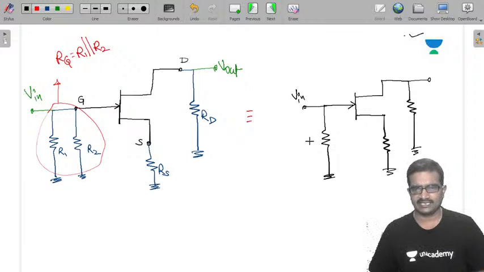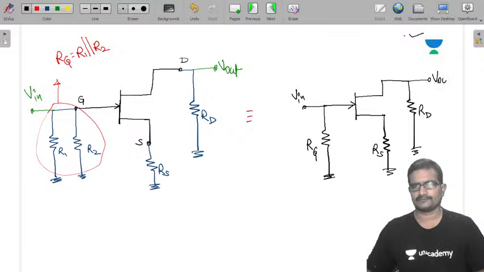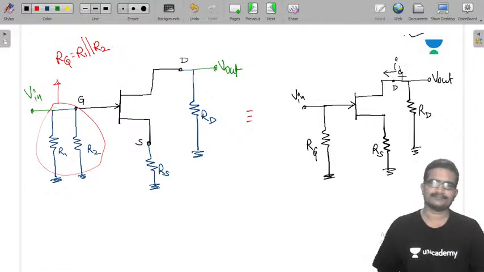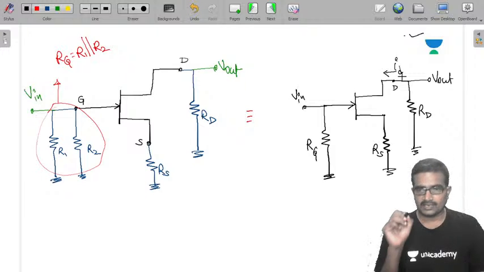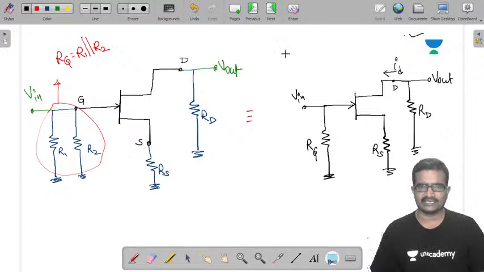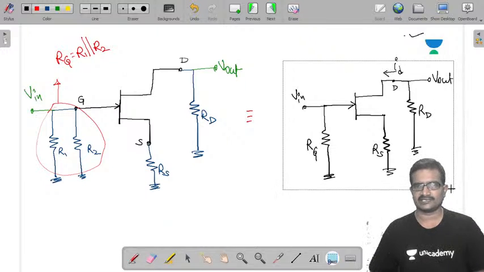This is the final AC equivalent circuit, with RG, RS, and RD, taking the output at the drain, and this is the drain current ID. Now I am going to replace the FET by its small signal equivalent.